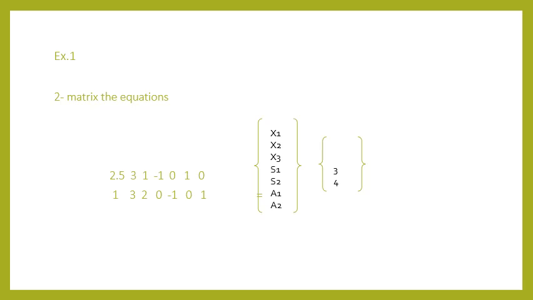These are the coefficients of constraint 1. 1, 3, 2, 0, negative 1, 0, 1. These are the coefficients of constraint 2. x1, x2, x3, s1, s2, a1, a2 are the variables. And 3, 4 are the constants.